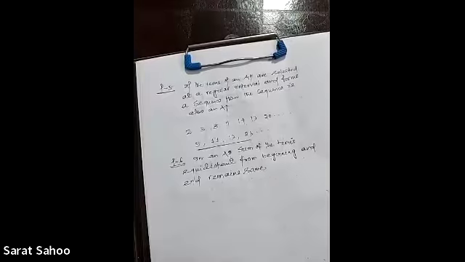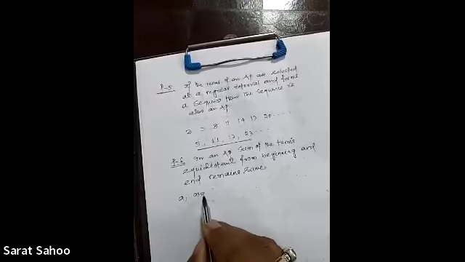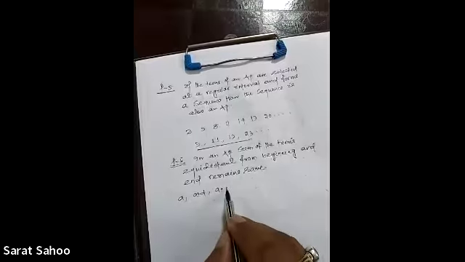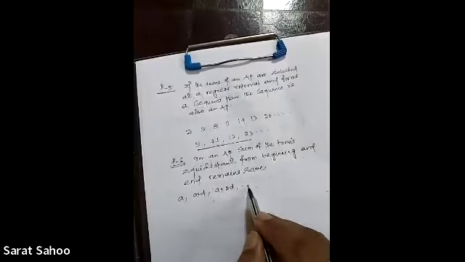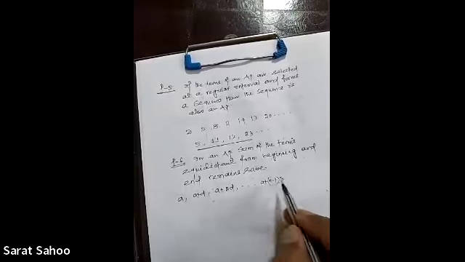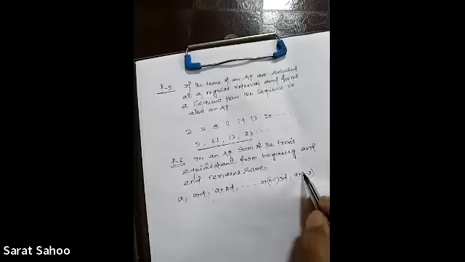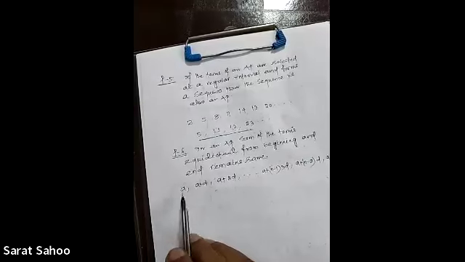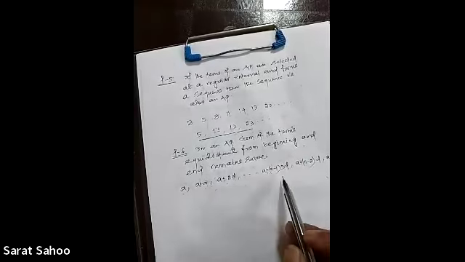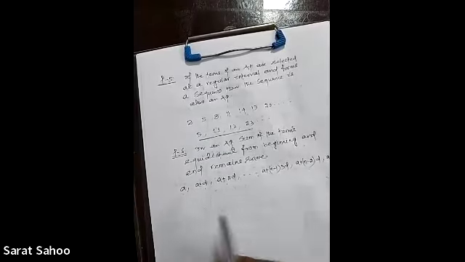Suppose the AP is A, A plus D, A plus 2D, up to A plus n minus 3 into D, A plus n minus 2 into D, A plus n minus 1 into D. First term, second term, third term, nth term, n minus 1th term, n minus 2 term.